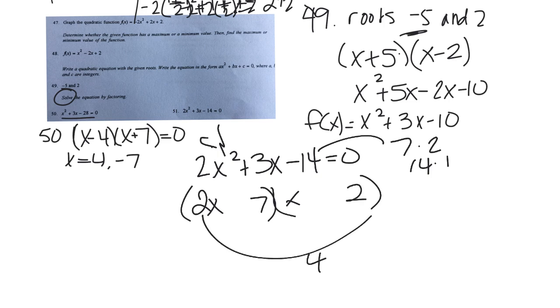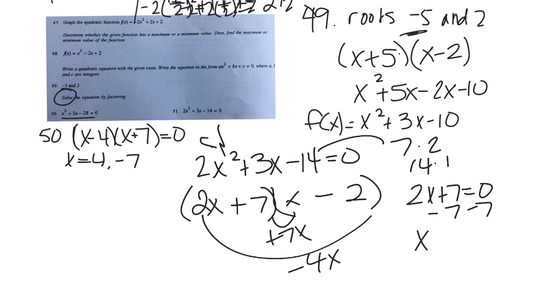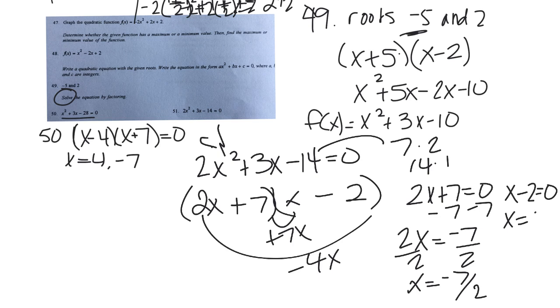And my outside is 4x, and my inside is 7x. I want it to be positive 3x, so this works for me if it's positive 7 and negative 4. And then 2x plus 7 equals 0. So x is negative 7 halves. And I can divide by 2. Let's show better work here. And x minus 2 equals 0, so x equals 2 and negative 7 halves.